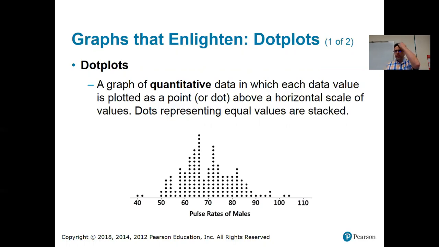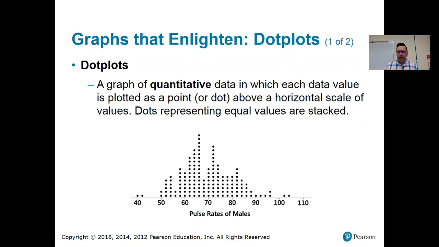It's a little easier to make because when you have a list of data in front of you, instead of making tally marks like we did when we were creating the frequency tables, you can just create this axis and then start putting dots above the different numbers. So they are really, really easy to make, and they give you a good picture of the shape of your distribution.